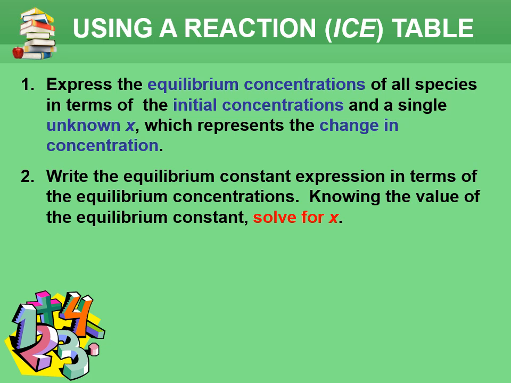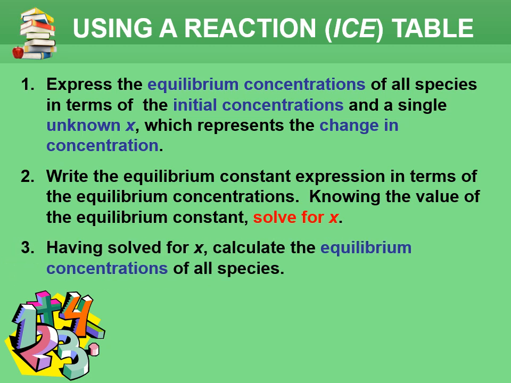Then we write the equilibrium constant expression in terms of equilibrium concentrations. By knowing the value of the equilibrium constant, we can solve for x. Having solved for x, we can calculate the equilibrium concentrations of all species.